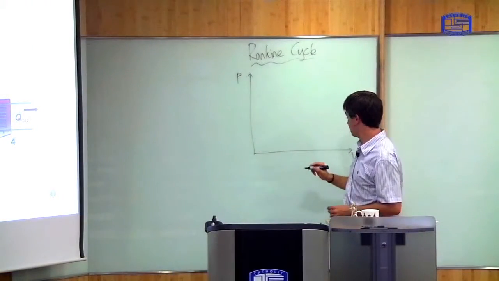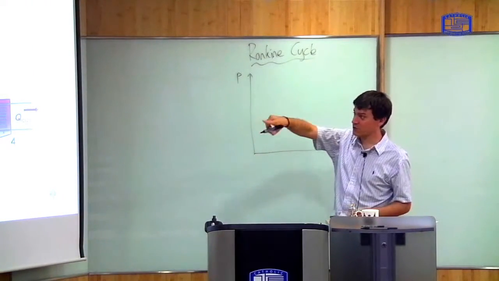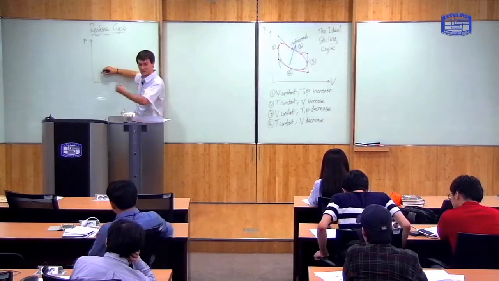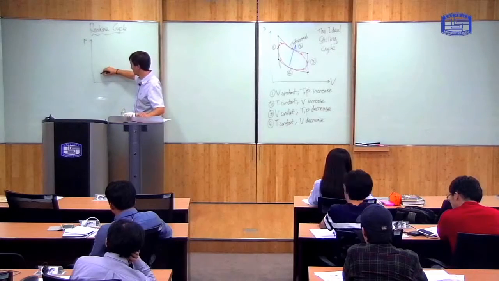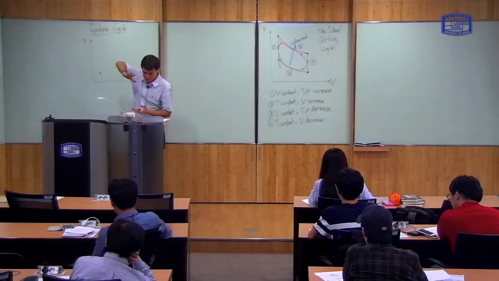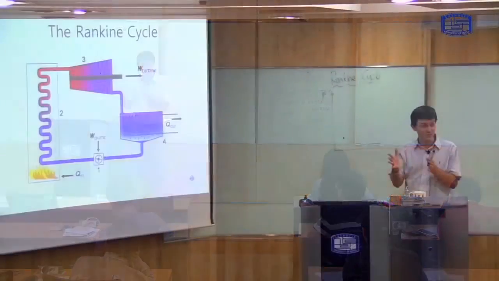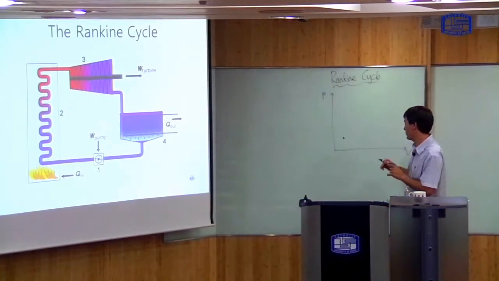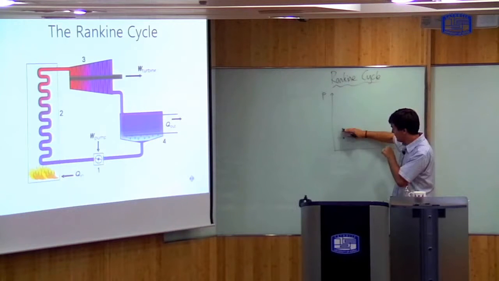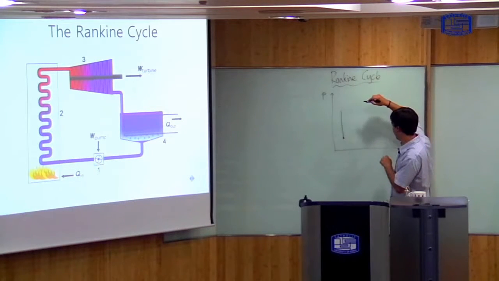Okay. So I've done 4 stages there, 1, 2, 3, and 4. You start off in stage 1, you pump the water to high pressure. Okay? But because water is an incompressible liquid, even if you push a lot of pressure in it, its volume doesn't change very much. Right? It's nearly incompressible. So the pressure will increase a lot, but the volume of the liquid will stay constant.